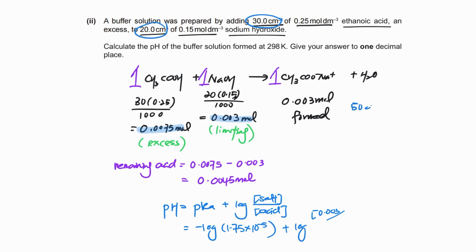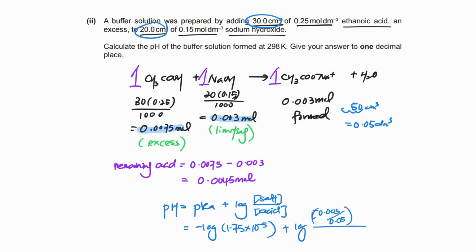So 50 cm cubed equals 0.05 dm cubed. In order to get the concentration of the salt, there will be 0.003 moles over 0.05 dm cubed.